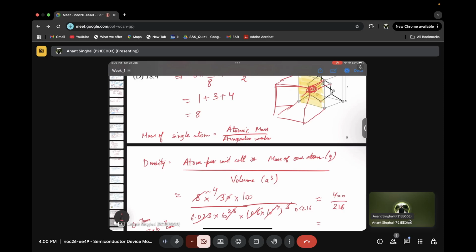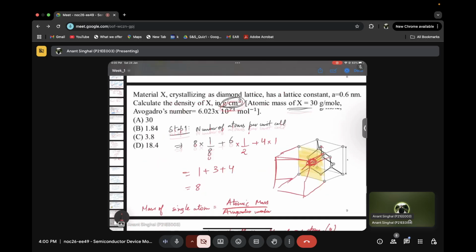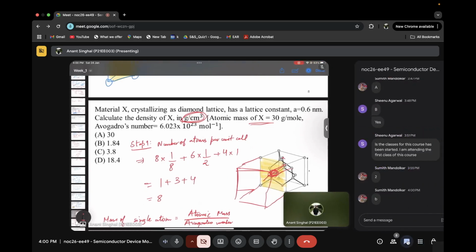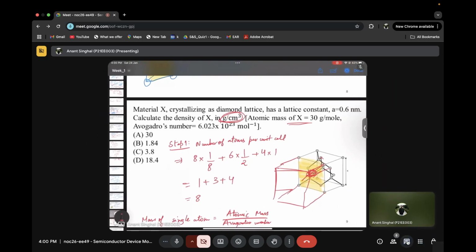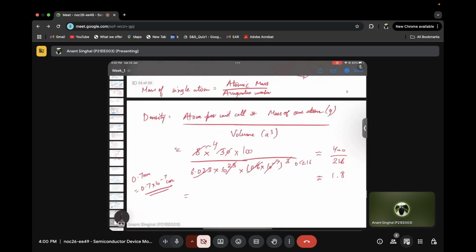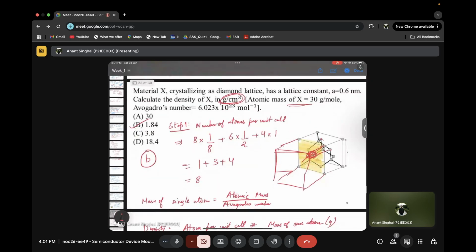If I do it, it is approximately 1.8. Is it option B? Okay, so someone else is also getting option B. Yeah, so I'm assuming option B is the correct answer. You can recheck the calculations again if it is not, but as per my calculations, I'm getting the answer around 1.8 something. Is this question clear to everyone?